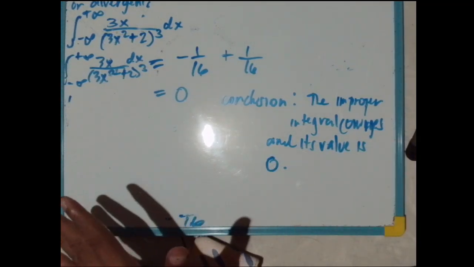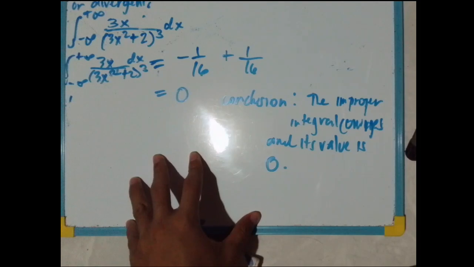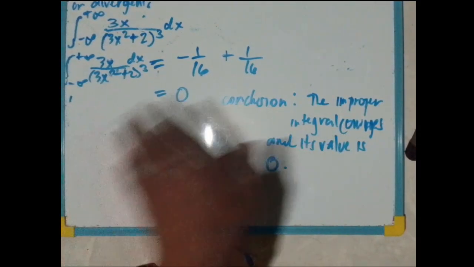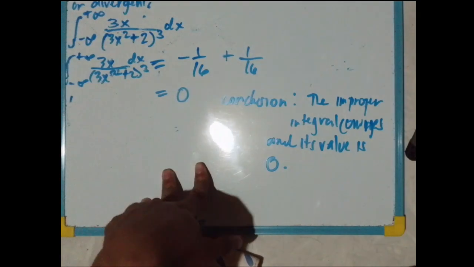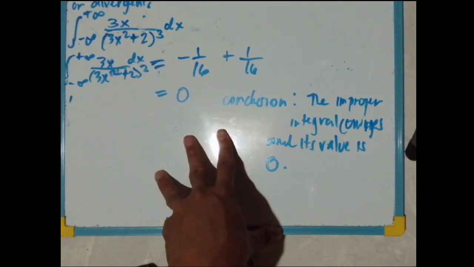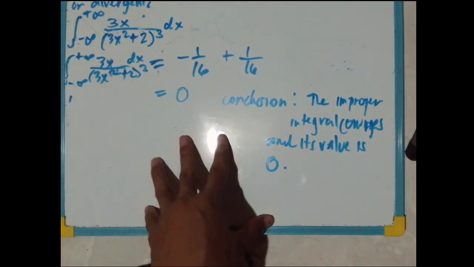Since the limit of the integral is equal to 0, both limits result to 0, so therefore the improper integral is convergent and its value is 0.